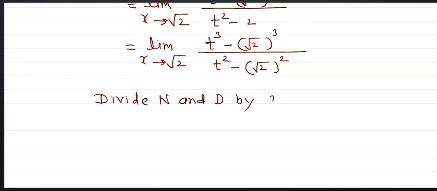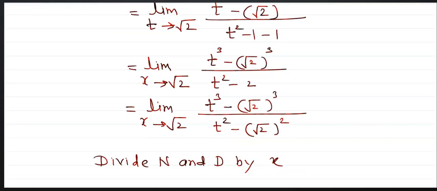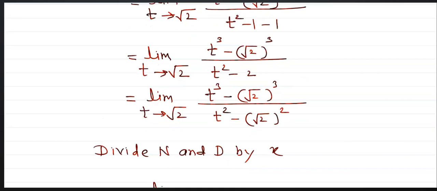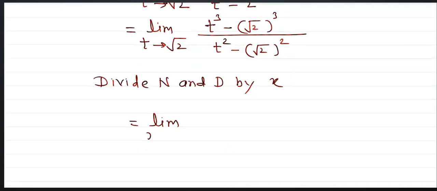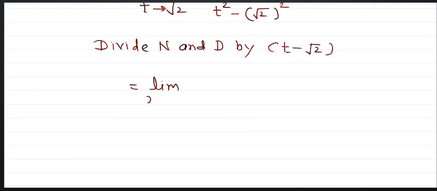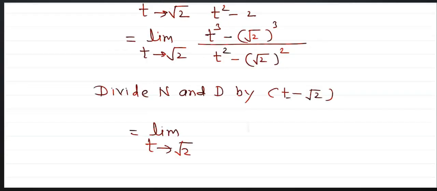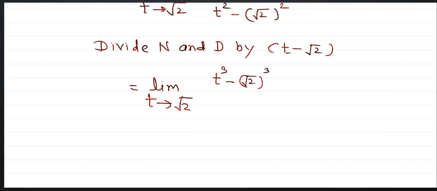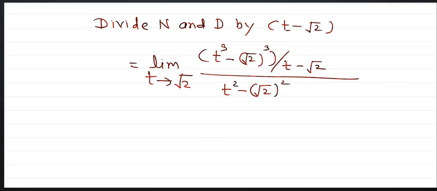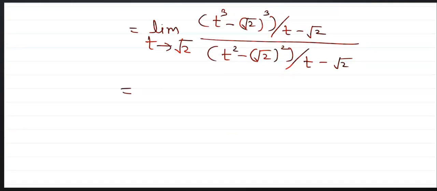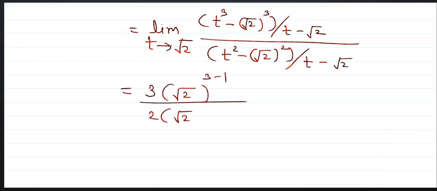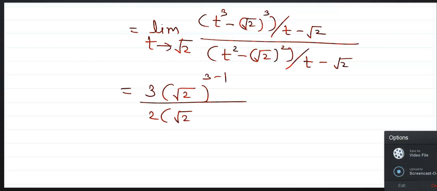Now divide the numerator and the denominator by t minus root 2. Then we will apply the formula: limit x tends to a of x raised to n minus a raised to n upon x minus a is equal to n into a raised to n minus 1.